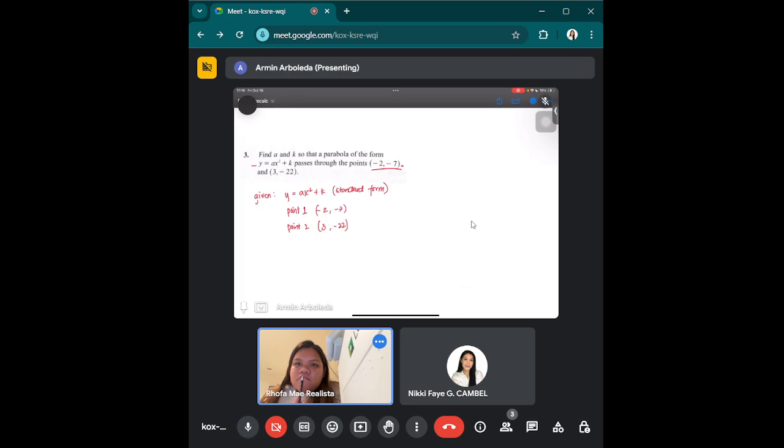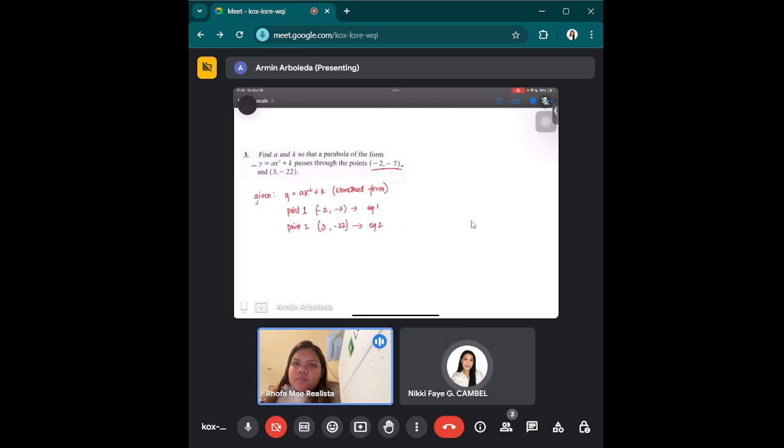So the first thing we're going to do is substitute the values of point 1, and substitute the values of point 2, and this is going to give us two equations, equation 1 and equation 2. We have two unknowns, a and k.